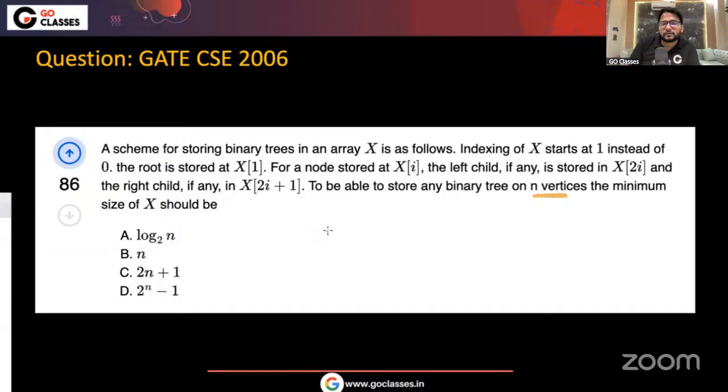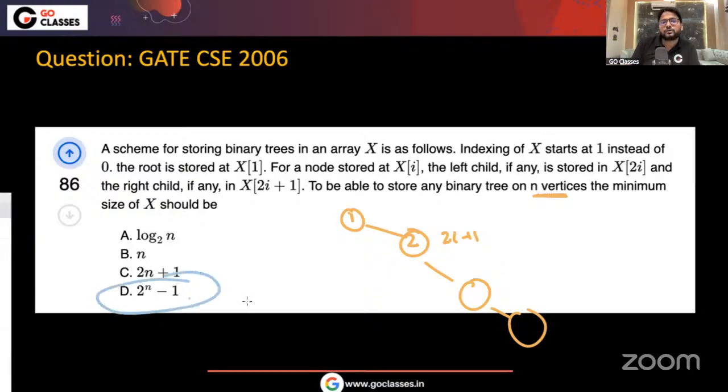You can say that for n, this is 1, then 2i plus 1, and then again 2i plus 1. You will keep on doing it. With the example you can easily see that if n is 4, then you will be getting 15, right? So D is the correct answer here.